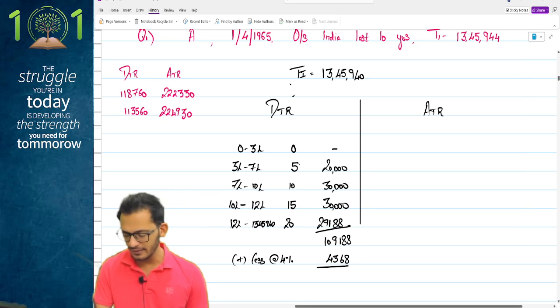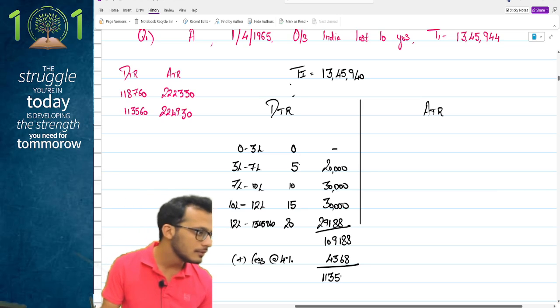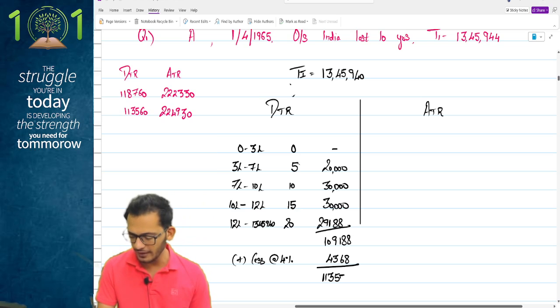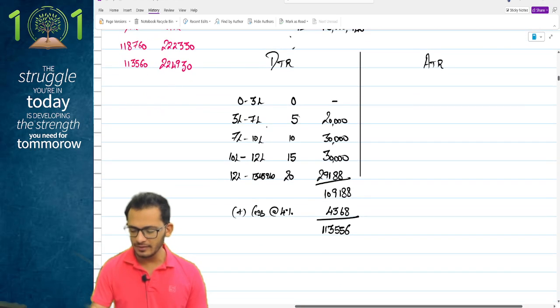No point. Next, 1,13,556. Next line will come and say rounded off to the nearest 10, therefore 1,13,560.